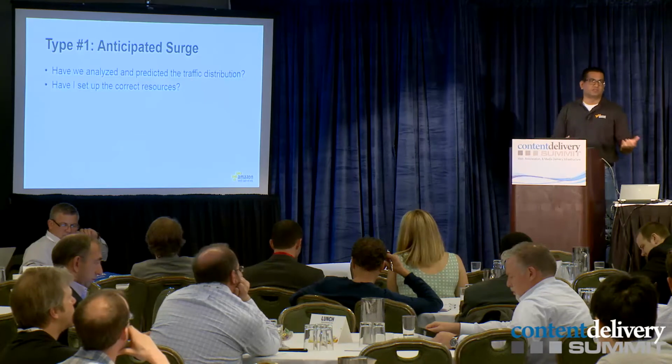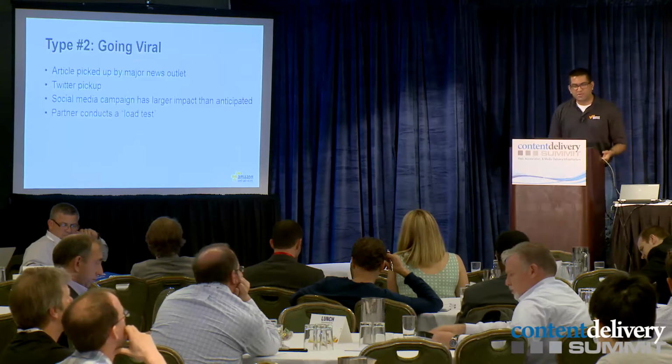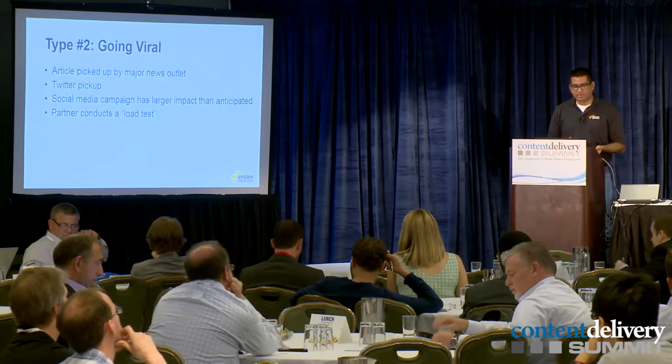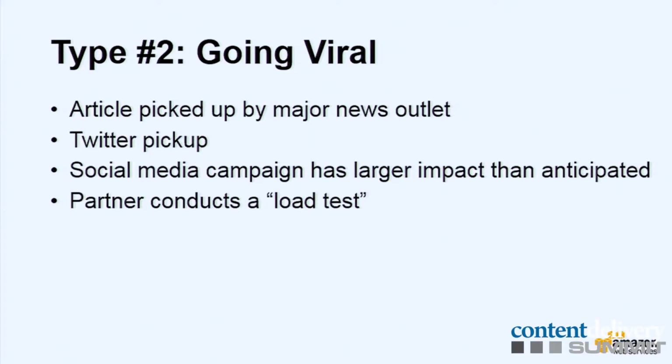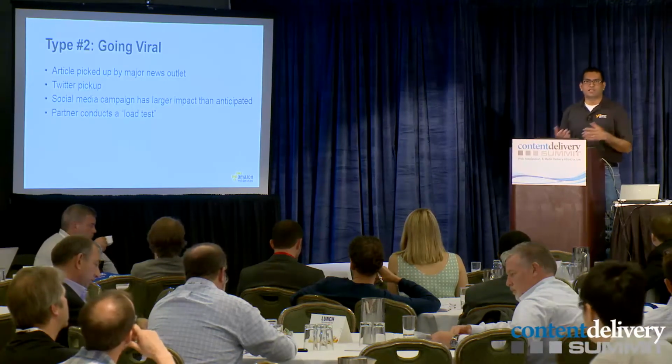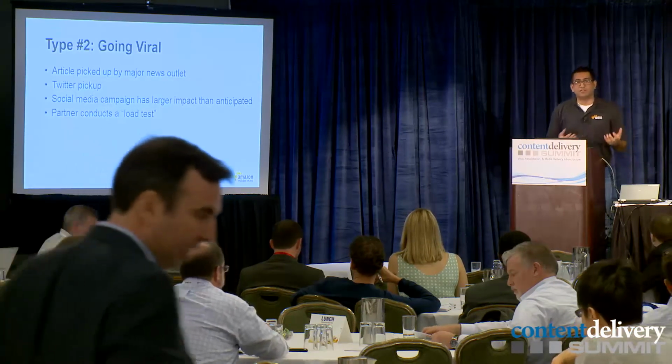And have you set up the resources correctly? Compared to that, the second type of event is going viral, where an article in a popular news outlet gets picked up, or you get popular on social media or Twitter. We've also learned of some varieties of these where, after you unravel it, it's actually a partner that's doing a load test against your application that you didn't even know about.